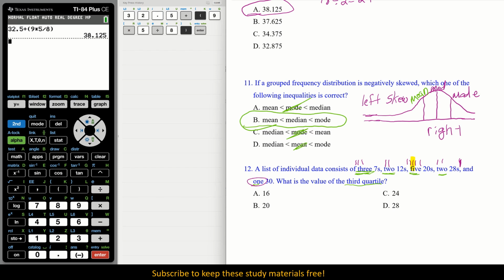So that means this value here in the middle, that tally, well, that's over the 2/28. So that means that my third quartile would be with, let's see, 1, 2, 3, 4, 2, that would be 28.